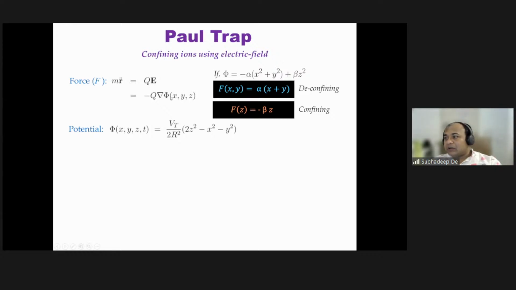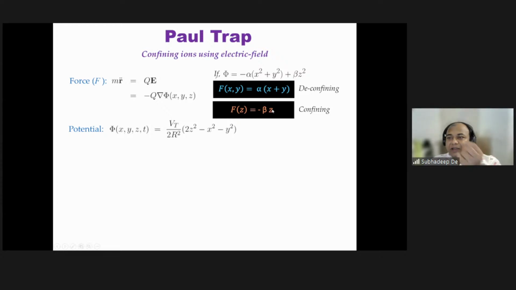Then if you do this little math, you will see the force along the x and y directions equals, with this negative sign cancelling, alpha times x plus y, whereas along the z direction it's minus beta times z. Now, if the potential has this form, the force is proportional to the position of the ion.